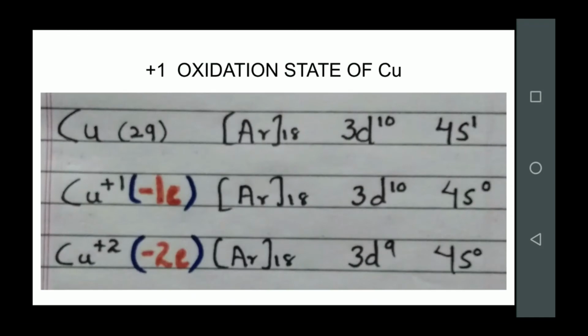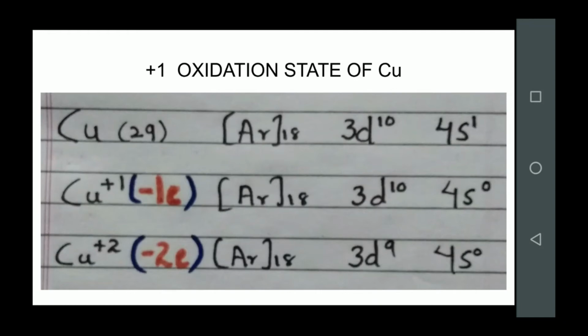Now let's see. I've told you that the lowest oxidation state shown by the 3d series is +1. Now if you remember, while discussing the electronic configuration of the 3d series, we emphasized especially the configuration of two elements, chromium and copper, because chromium and copper do not show the expected electronic configuration.